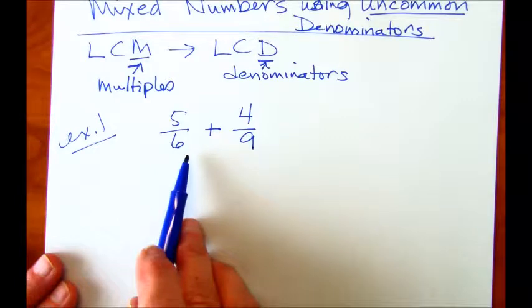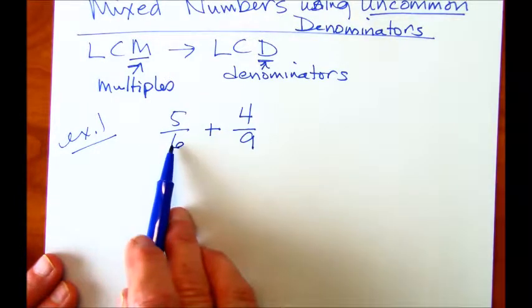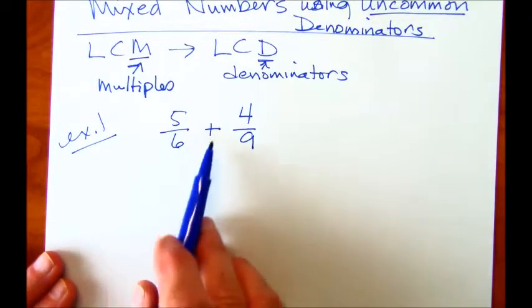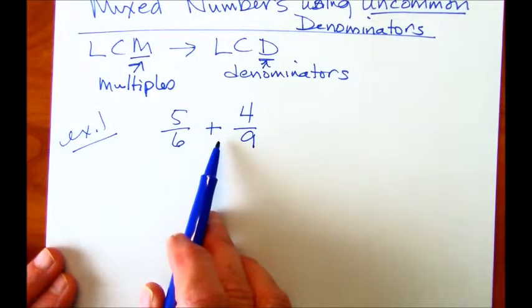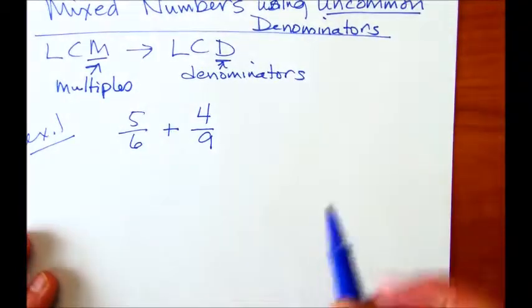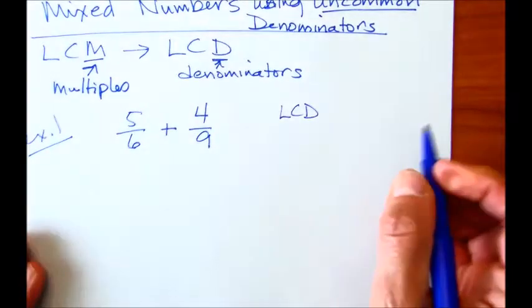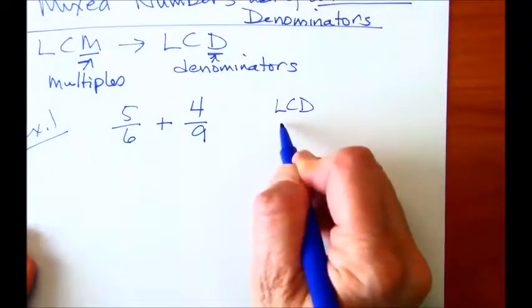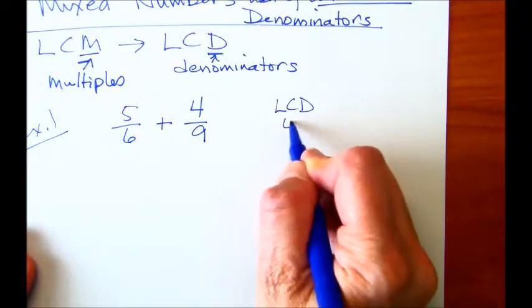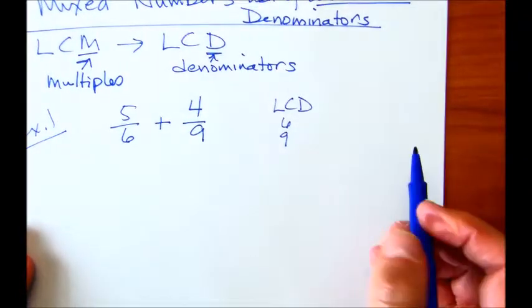So we need to reorganize both of these fractions so that they're organized similarly, and then we can have the numerators perform the operation.